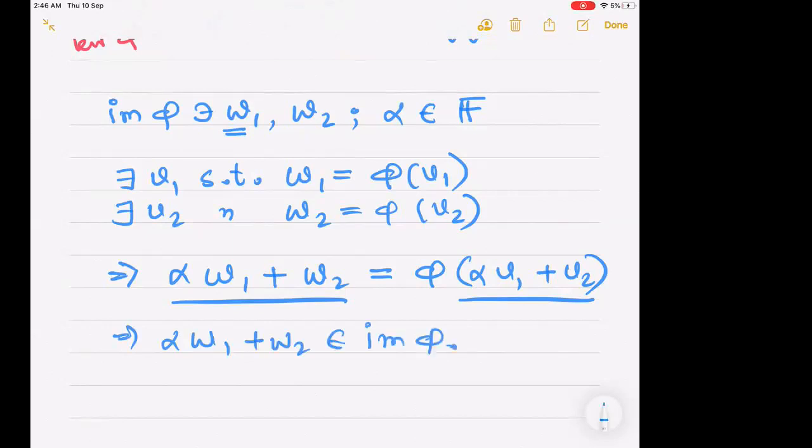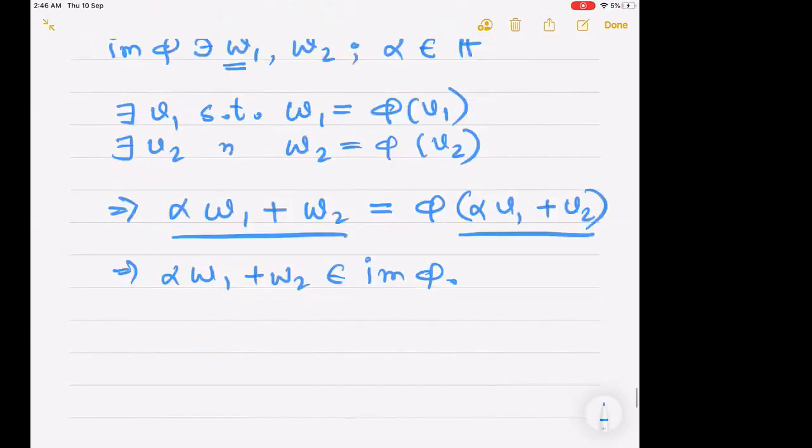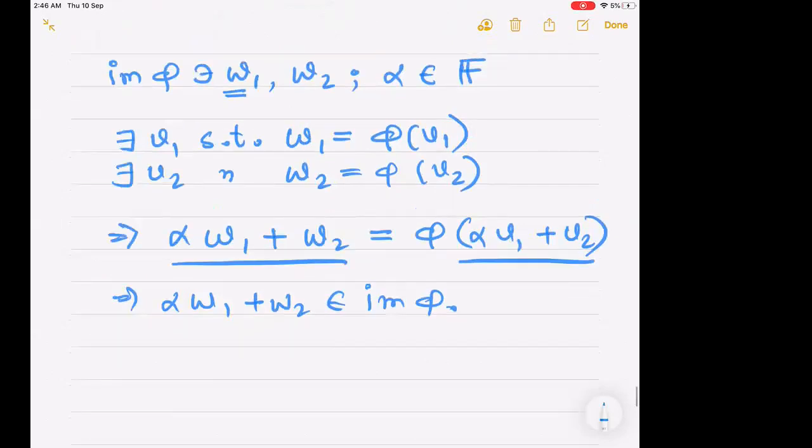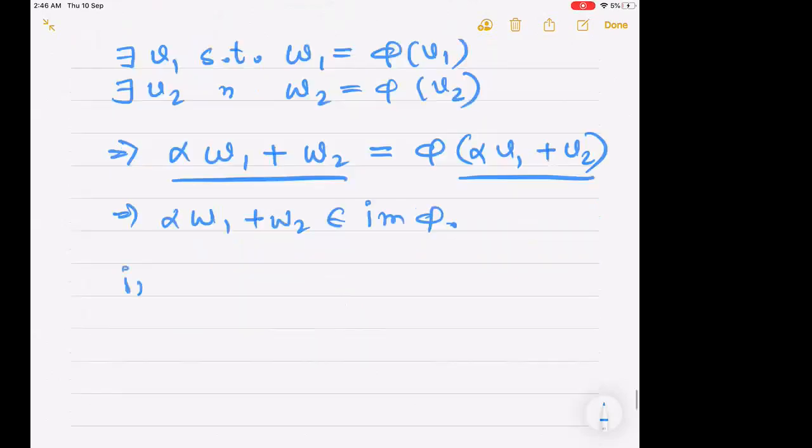So by the theorem that characterizes the subspaces, the image of phi must also be a subspace. Of course, the image of phi is a subspace of the codomain. So we have these two subspaces.